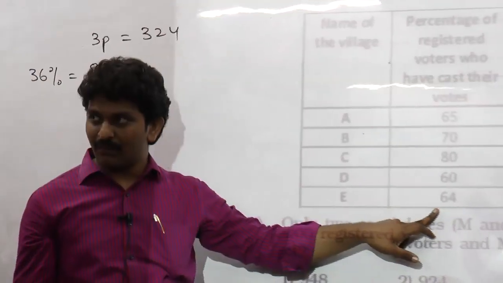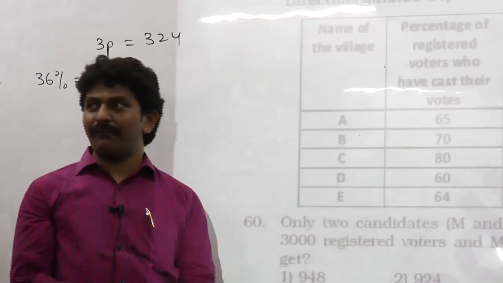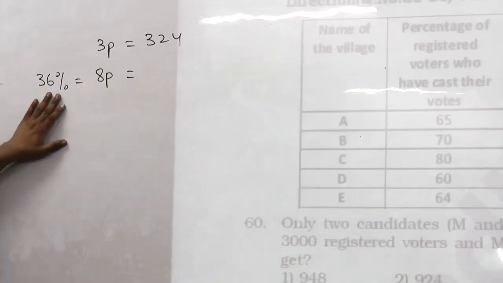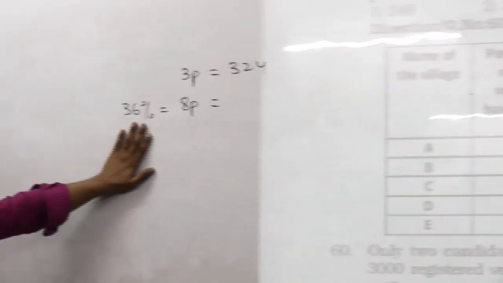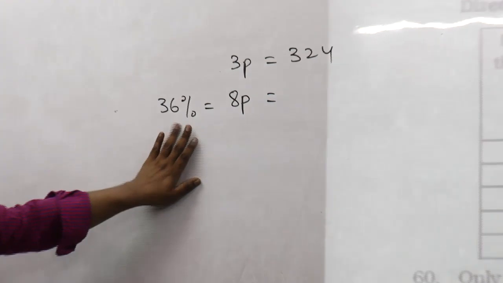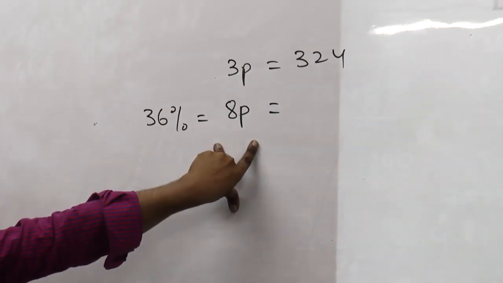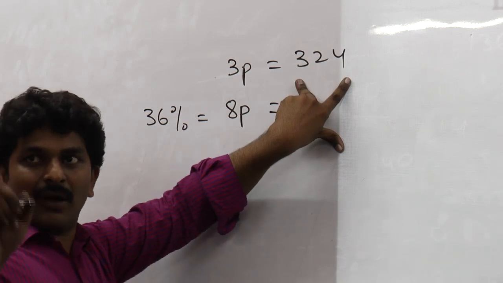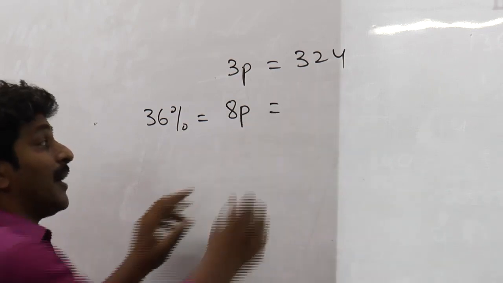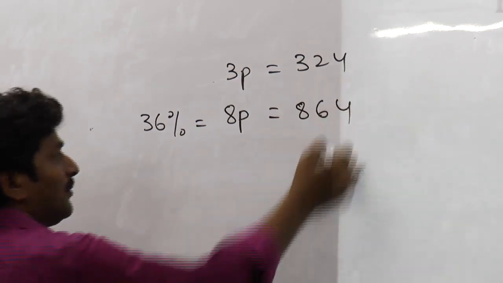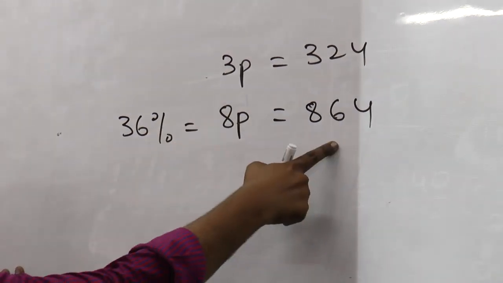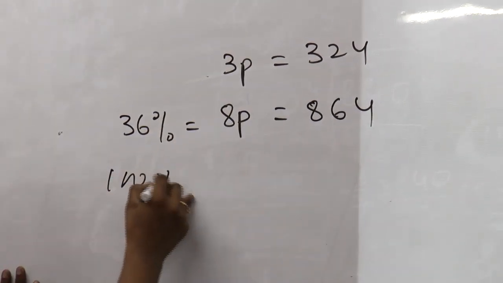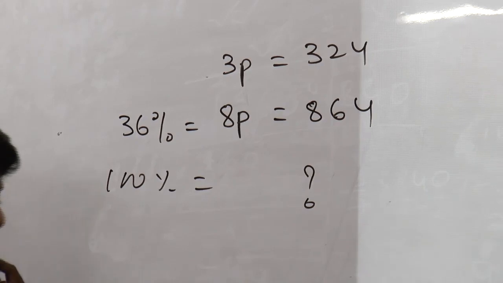They have casted their vote. Remaining 36% have not casted their vote. Percentage wise, that is equal to 36%. And from the ratio, it is 8 parts. 3 parts is equal to 324. 1 part is 108. 8 parts is 864. So 36% is equal to 864. 100% is equal to how much?